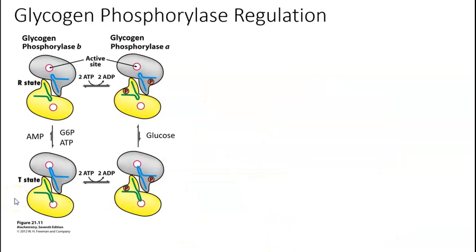I wanted to look at glycogen phosphorylase regulation a little more closely. I want to tell you that there is a difference between what's happening in the liver versus the skeletal muscle, but we're going to look at the skeletal muscle form right now. There are two states that you can see here: a relaxed state, or R state, and a tense state, or T state.